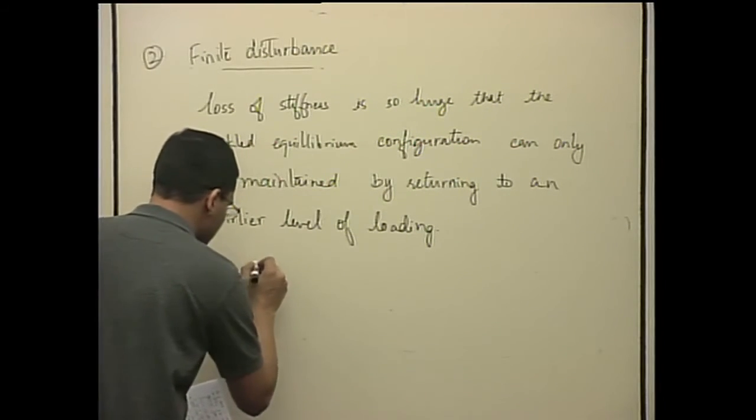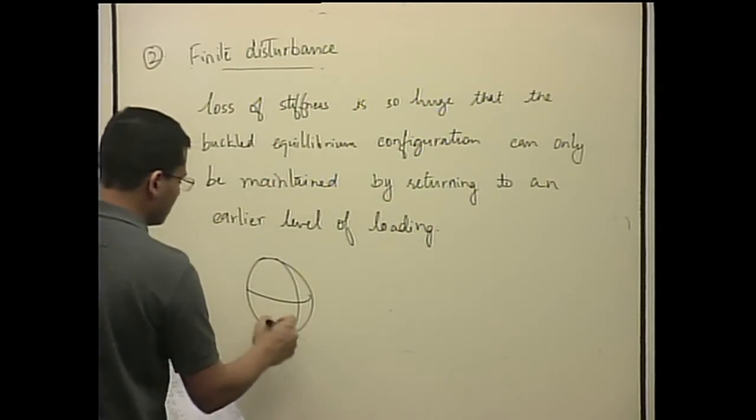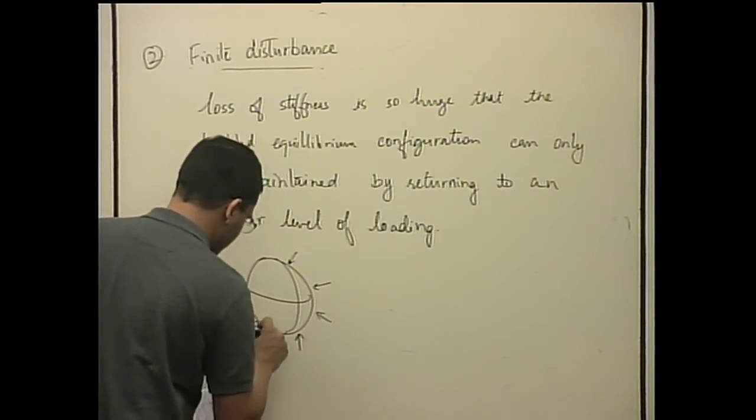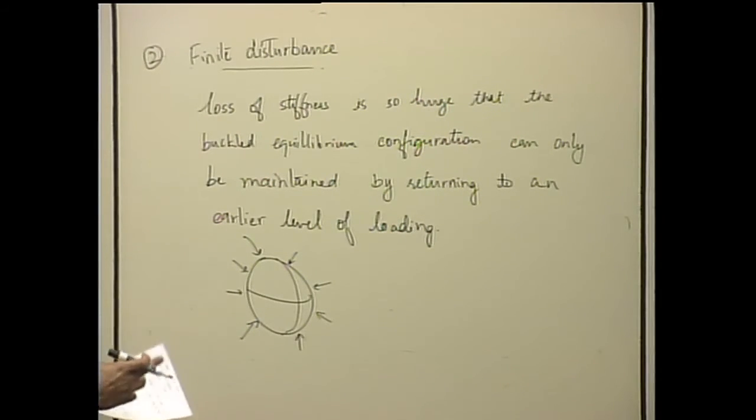For example, we have, let's say, a spherical shell, right, and there is a hydrostatic pressure on this shell, so it will undergo buckling. But if we need a stable equilibrium configuration, it needs to come back to its original position. And then the third one is snap through.